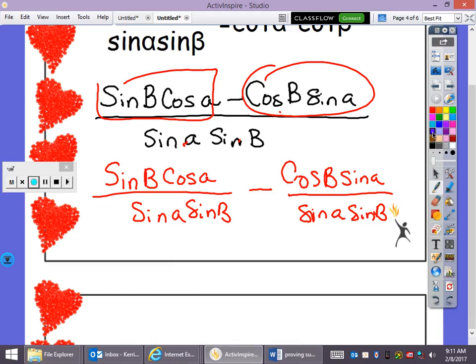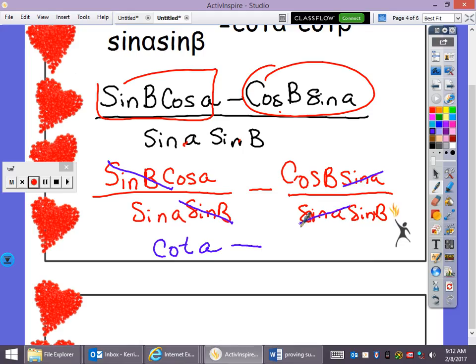Now, what can you tell me, madam? Look at this fraction. What can I do with this fraction now? I can cancel out the sine beta. What is cosine over sine? Cotangent. So we have cotangent alpha minus, what happens over here?